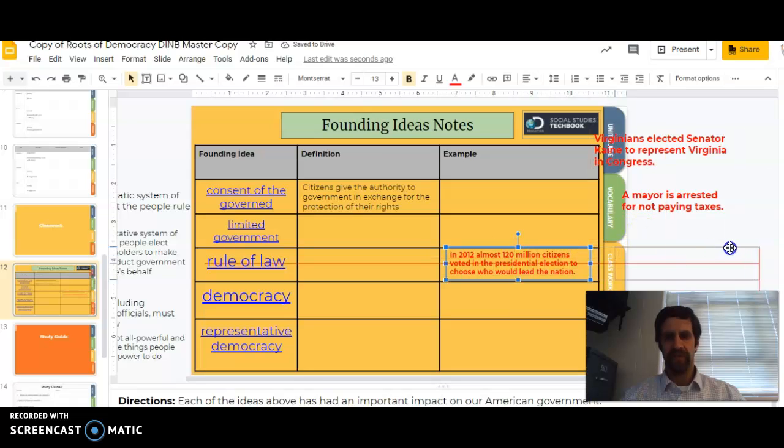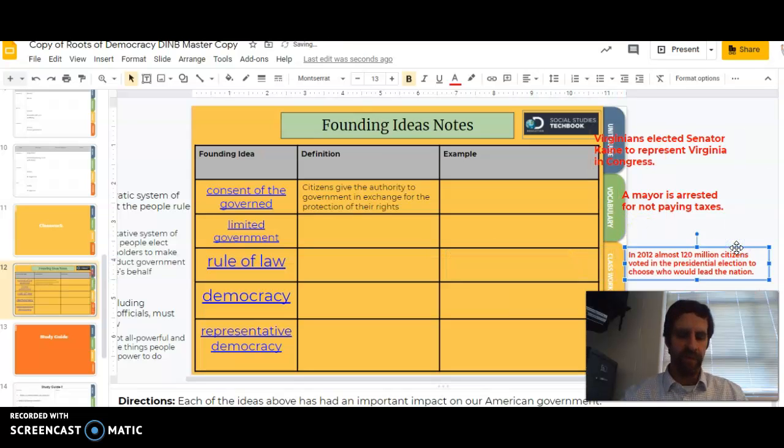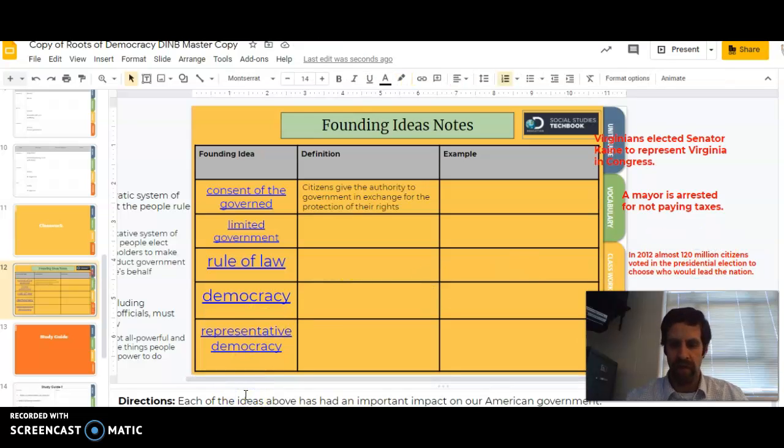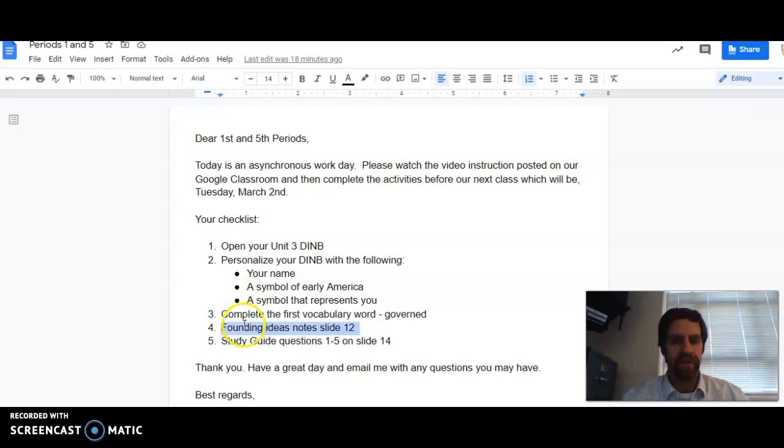If you get lost, replay these directions. Also, the directions are written down here at the bottom of your screen. So you're going to complete this page with these definitions and the examples, thus completing number 4, and then you go on to number 5.